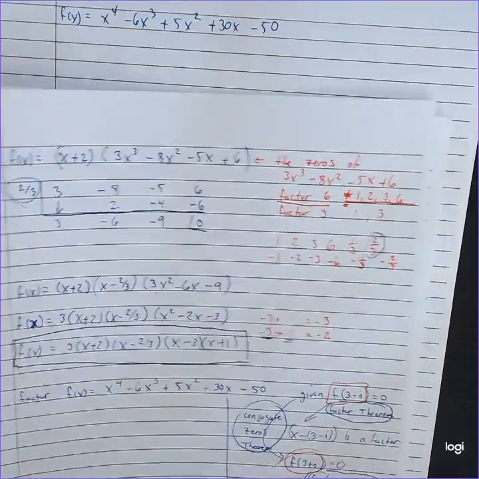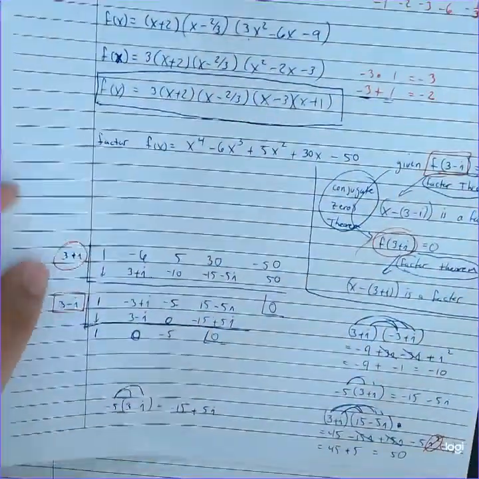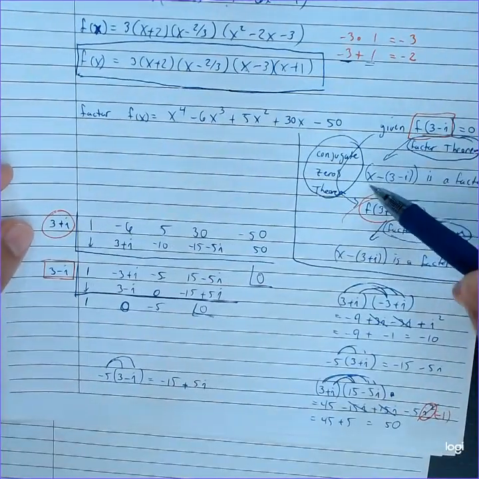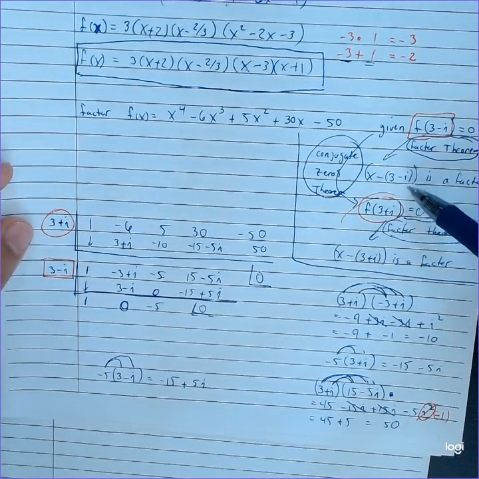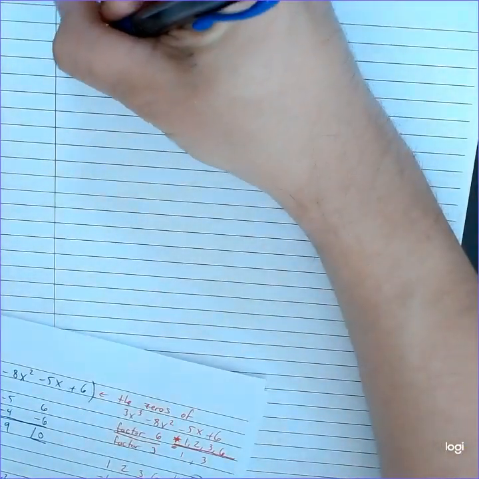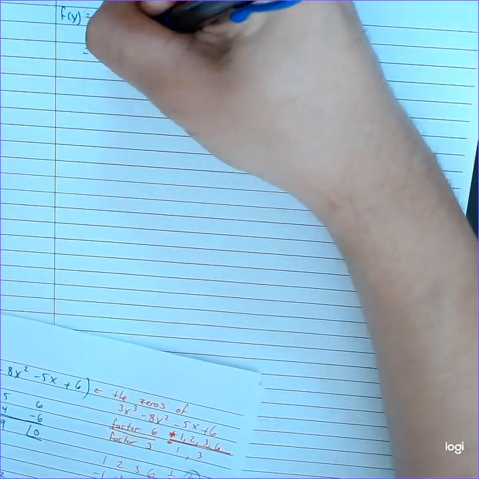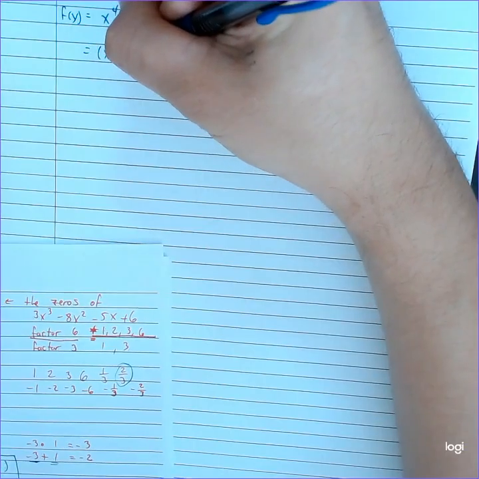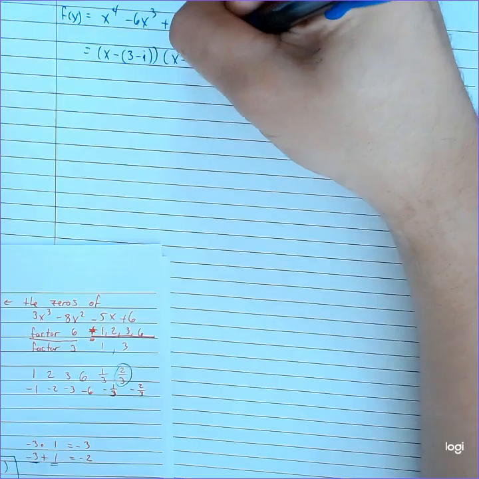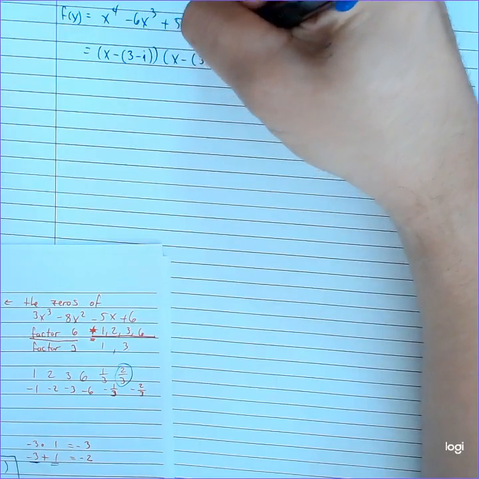And using our synthetic division, we found that x minus 3 minus i and x minus 3 plus i are factors. So let's write those down. x minus 3 minus i and x minus 3 plus i.